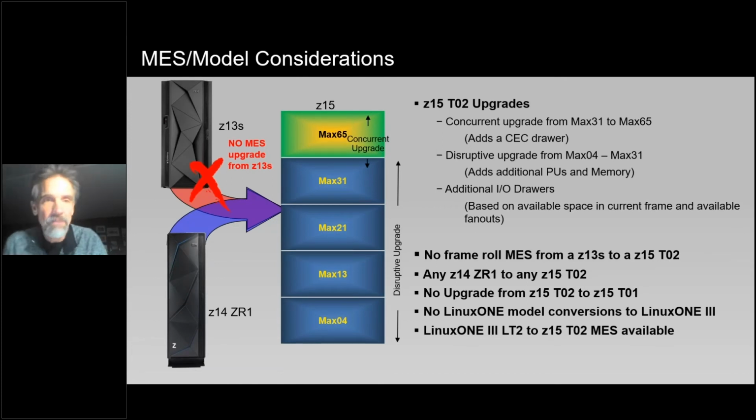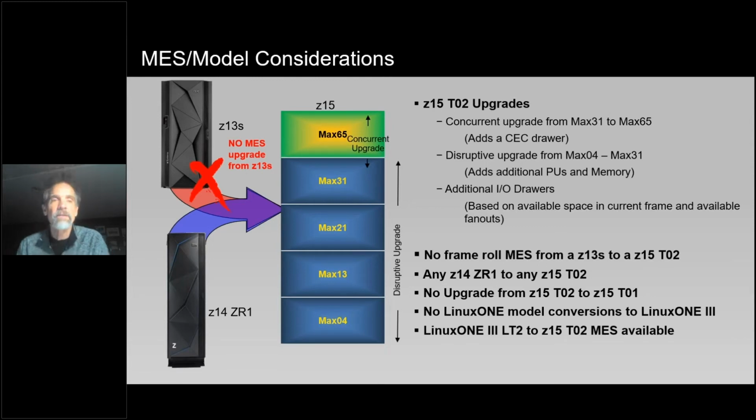Upgrades, as the model has been for quite some time, you can upgrade N-2 technology into the newly announced platform. With regard to the Z13, it's a little different in that we're coming from, as I mentioned earlier, the frame-based technology.